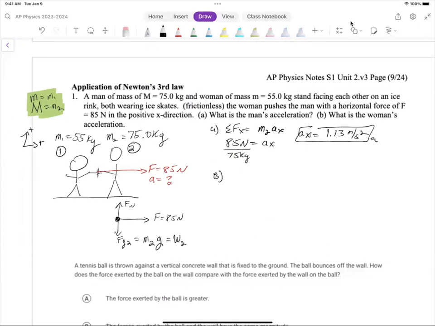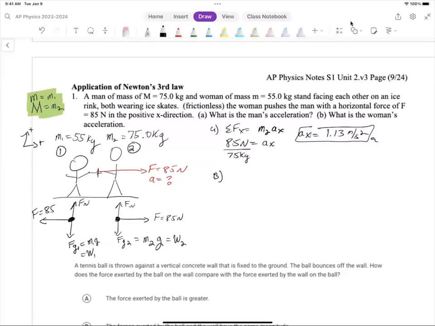B. Now, I've got to have a free body diagram on the woman. I have force normal up. I have force of gravity acting on object 1, which is mass 1 times g. That's also equal to the weight of object 1. Well, what force do I have acting on her? The man is putting a force on her, which is equal in magnitude, opposite in direction.